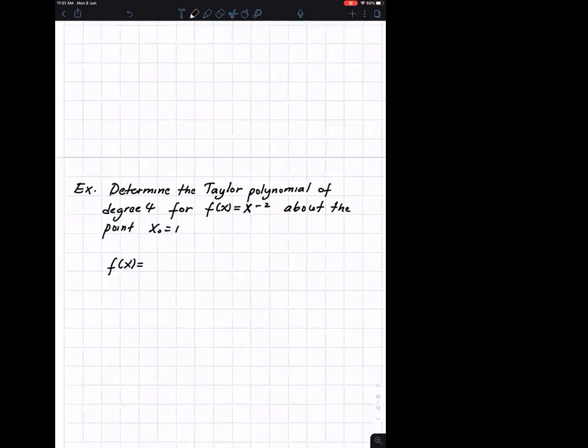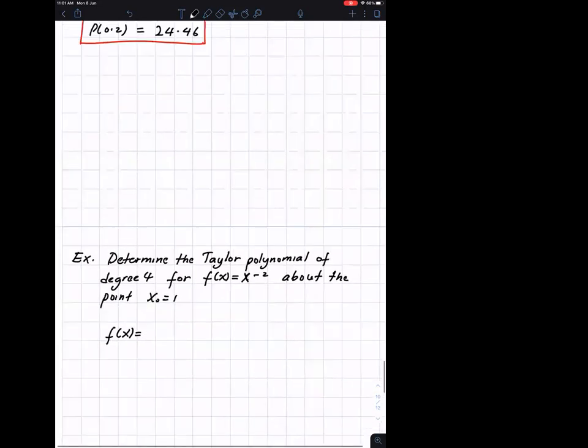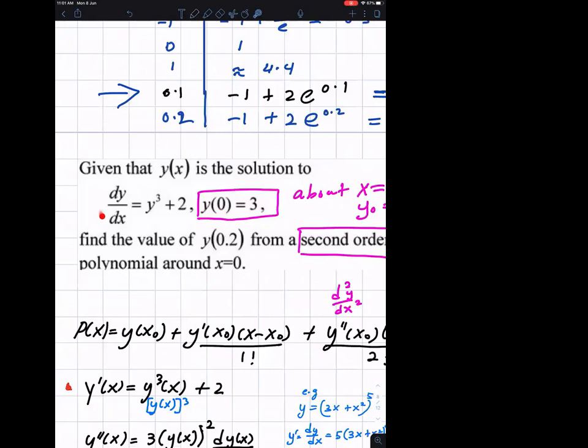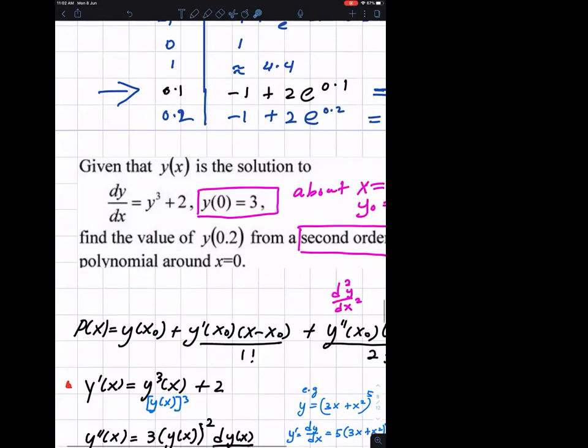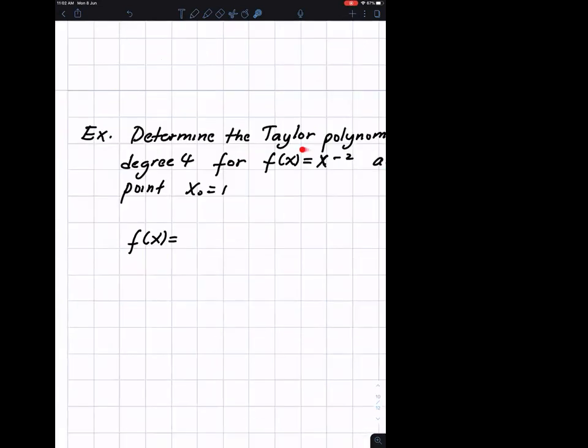Here they didn't give you the differential equation, unlike the previous problem, where they gave you the differential equation. This problem, the differential equation is not given, but the function itself is given.